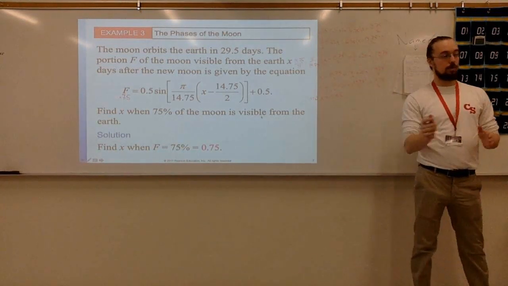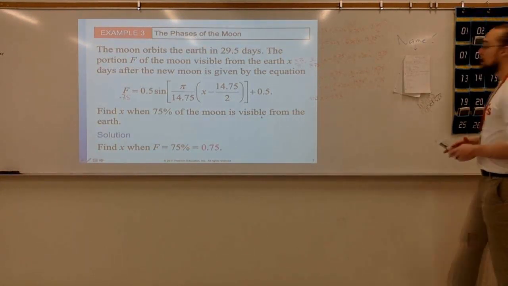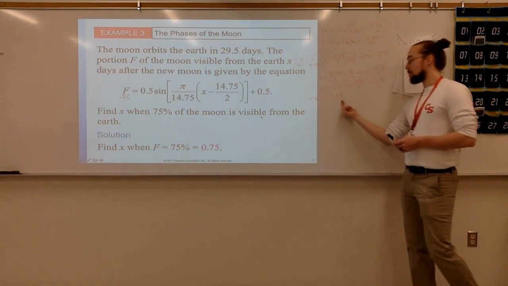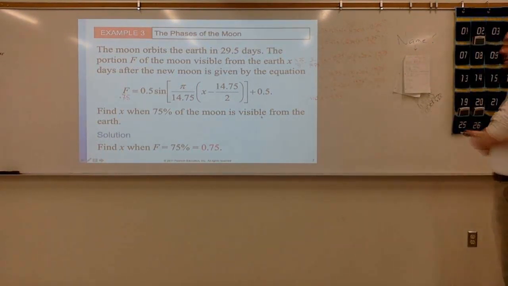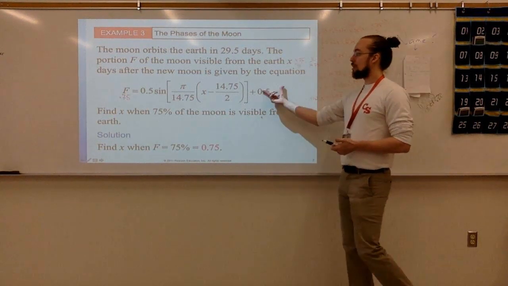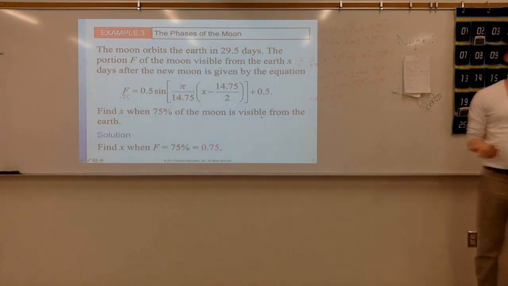The 3 repeating or the 8 3? Okay. Is that what everybody else got? So that means that at about 10 days after the new moon, 75% of the moon is visible.